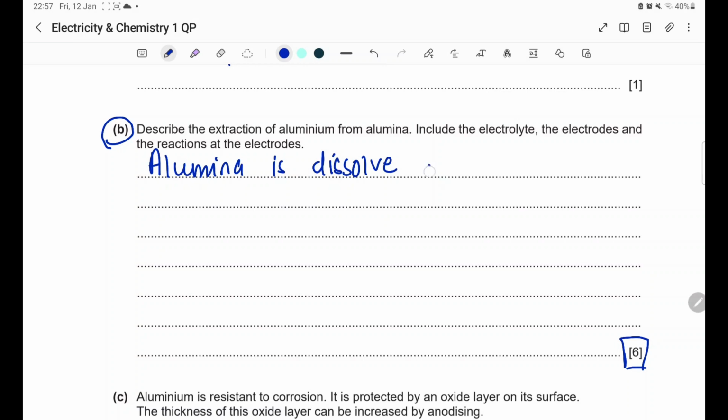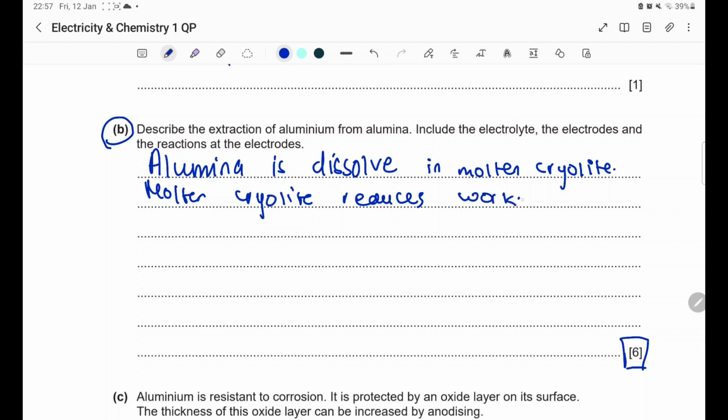Alumina is dissolved in molten cryolite, and then you will write the benefit of cryolite. Molten cryolite reduces working temperature and increases conductivity.